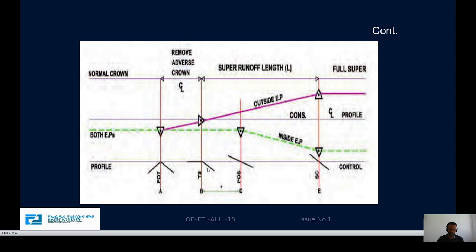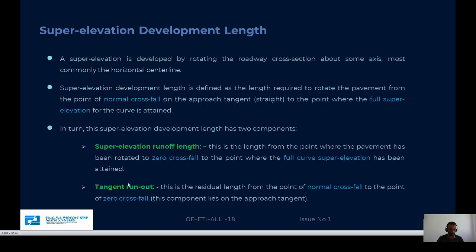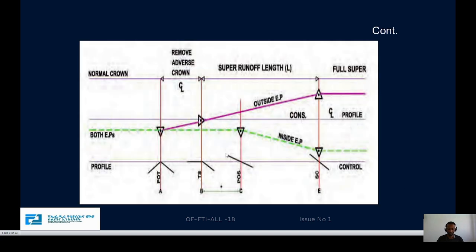It is still 2.2 up to 4%. So from this up to this length will be runout. So runoff means from 0 up to maximum super elevation.